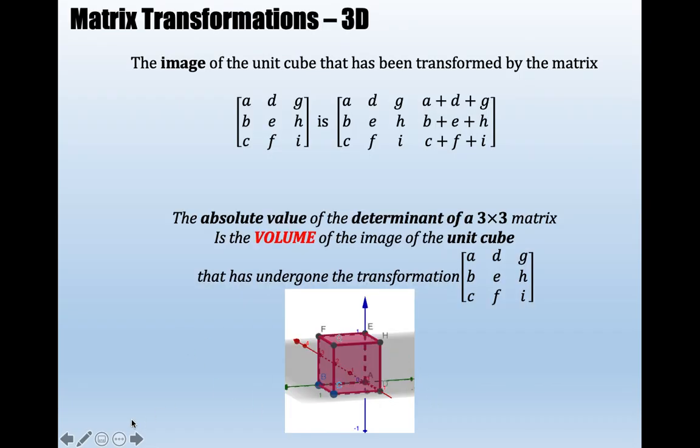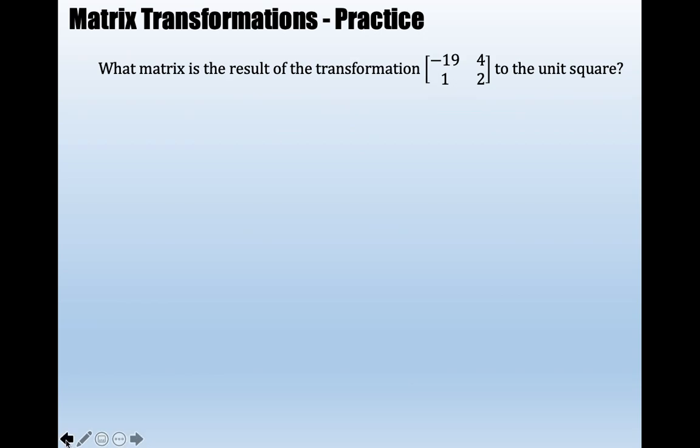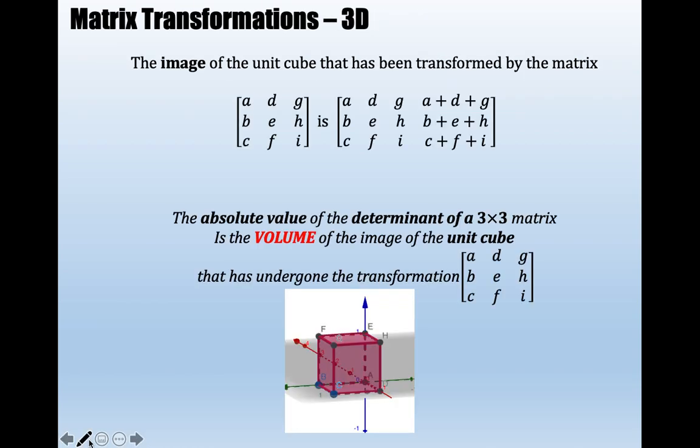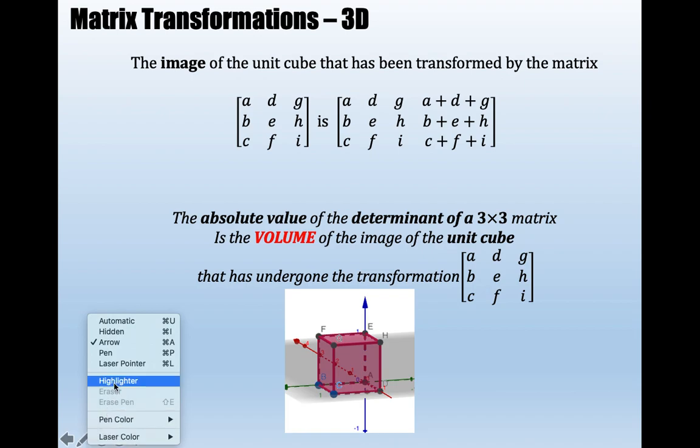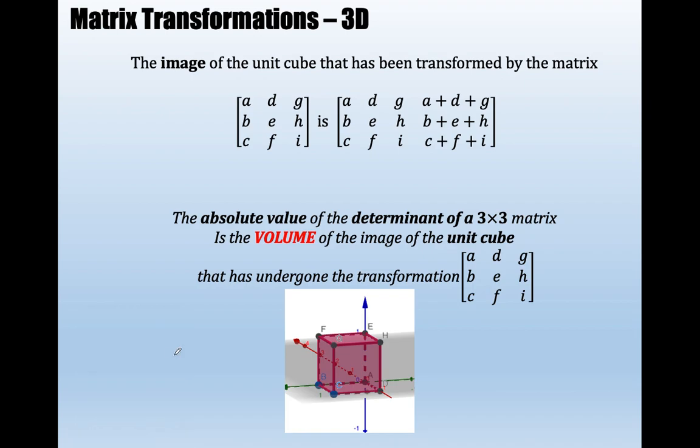So if we talked about this transformation, what would the transformation matrix look like that made my cube a 2 by 2 by 2?